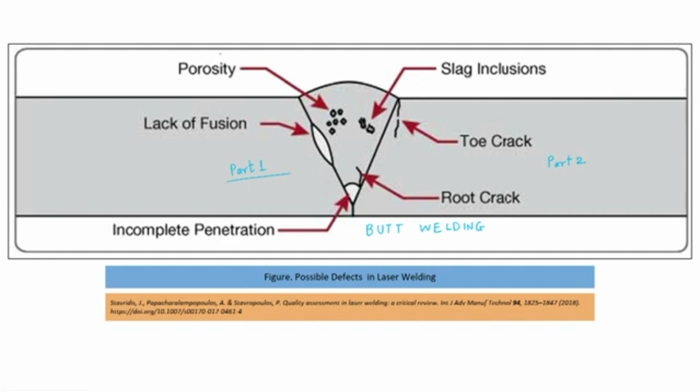The first type of defect is porosity, and this porosity occurs due to various vapors which are liberated during the process of welding itself. As we have seen, most of the material is vaporized in keyhole type of laser welding, and these are high temperature, high pressure vapors.